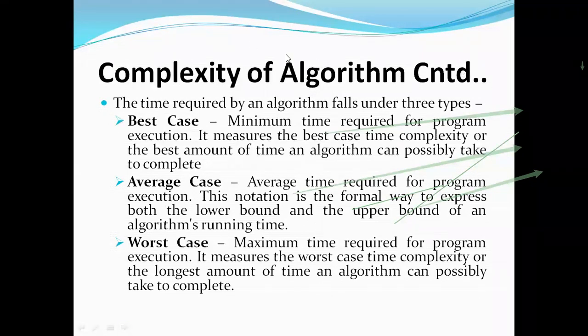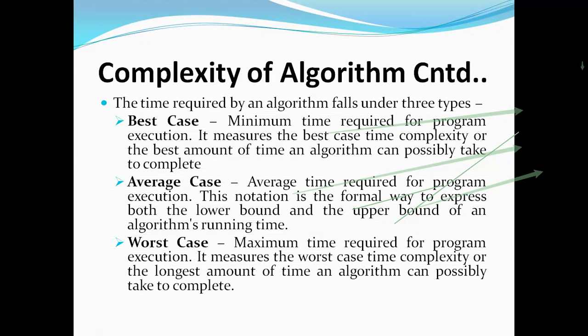So in this pattern, we can say that our algorithm comes under the category of best case, worst case, or average case. If I take my priority as time and my algorithm will take a lot of time, then I will say that my algorithm comes under the worst case. If my algorithm takes very less time, then I will say that it comes under the category of best case.